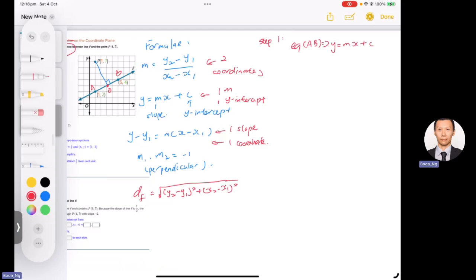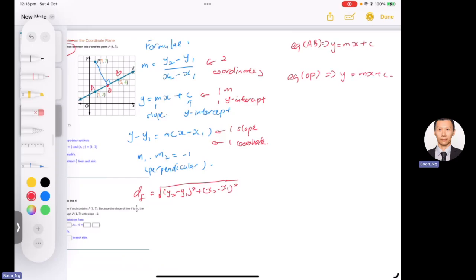So we need to figure out this equation. We also need the equation for OP, also in the same format.